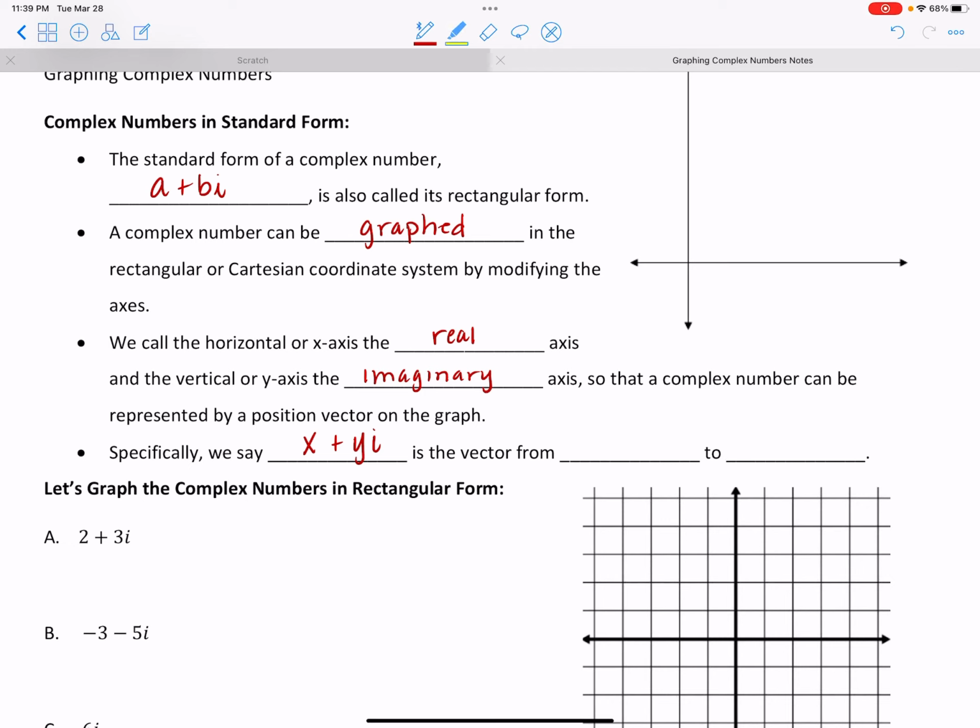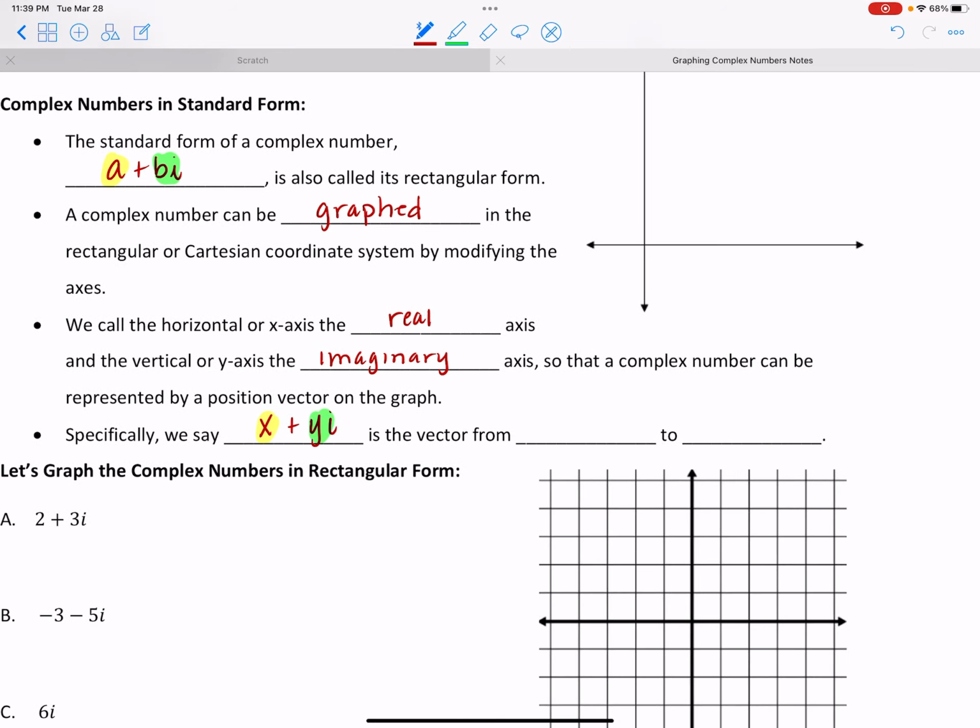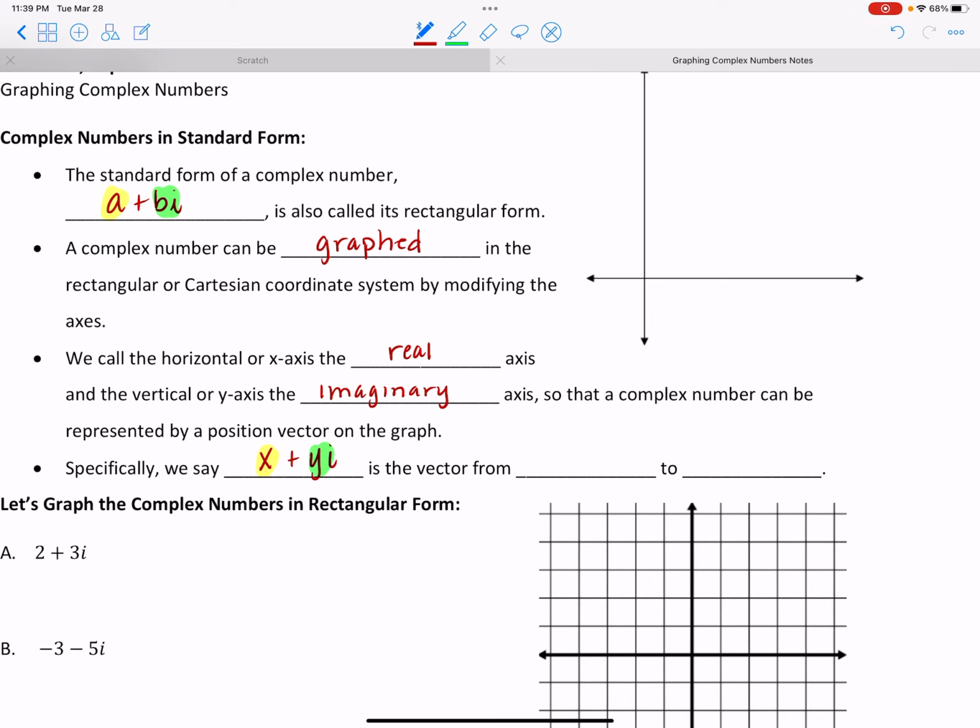So a is replaced by x, and the imaginary component bi is replaced by yi. We represent this graphically as a vector that starts at 0, 0, that's what a position vector does, and then ends at the point x, y.